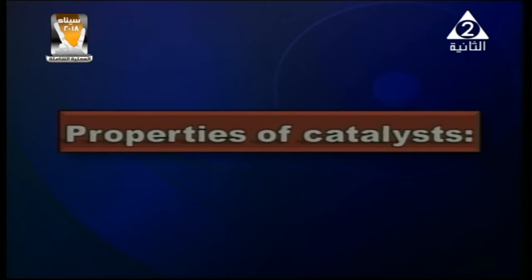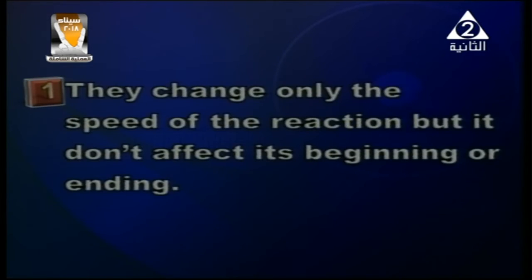What does this mean? Properties of the catalyst. Number one, they change only the speed of the reaction. Only? Yes, but they don't affect the beginning or the ending. You just add it to make the reaction faster, but it stops after a time.